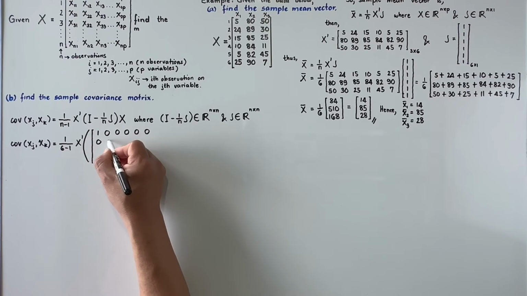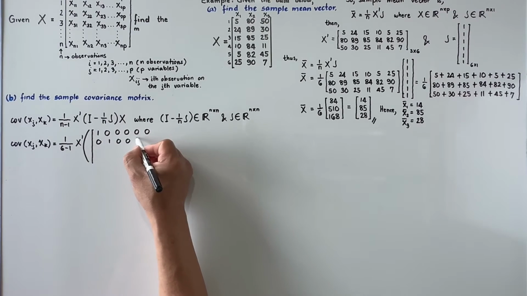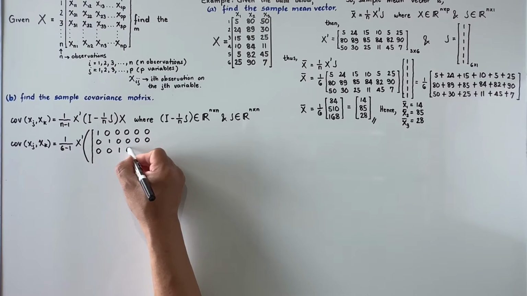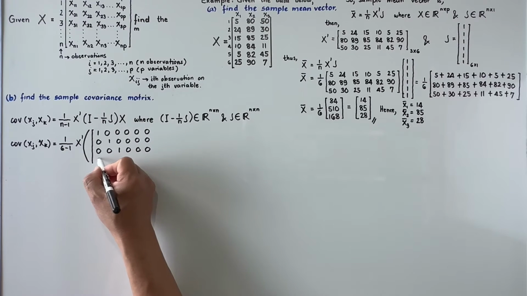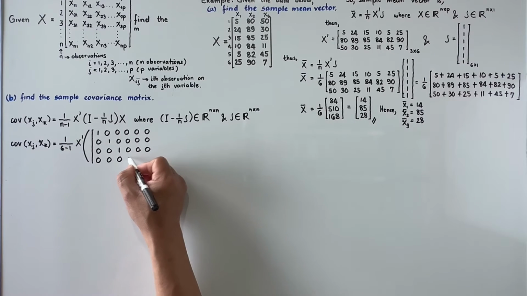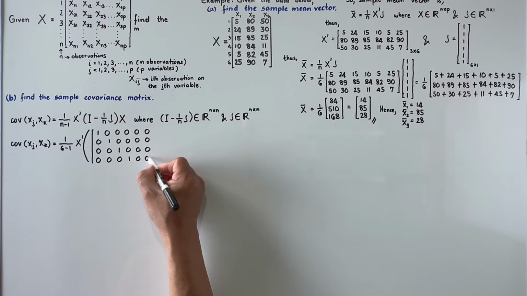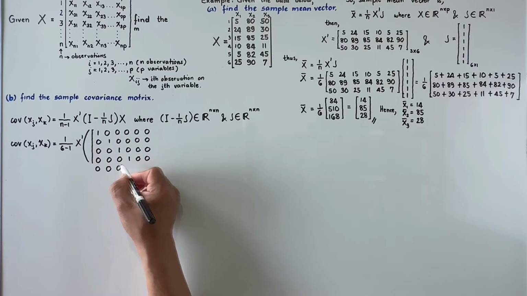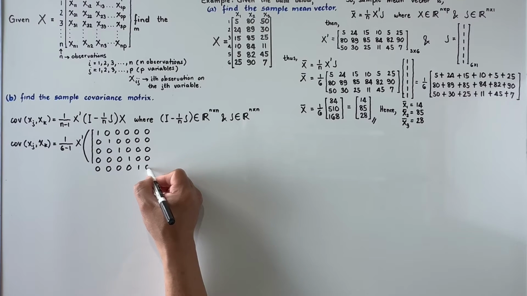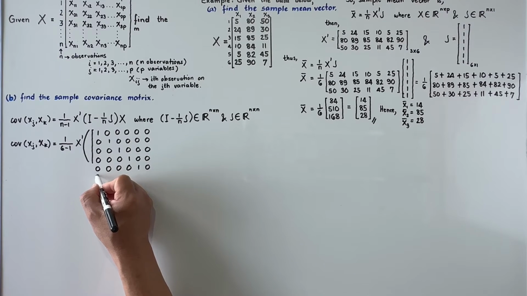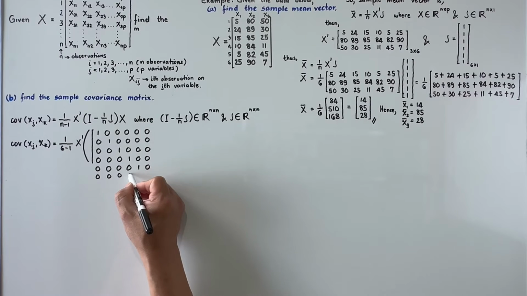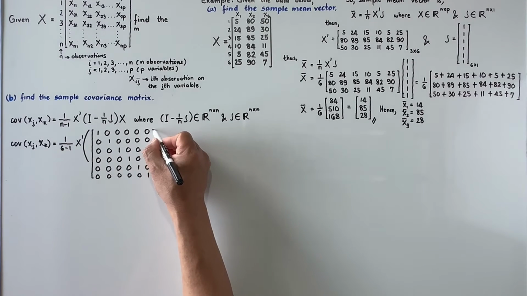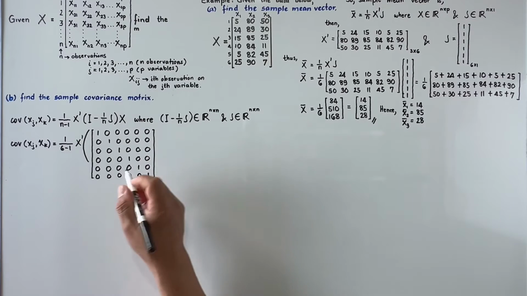So we have here 1, 0, 0, 0, 0, 0, and then 0, 1, 0, 0, 0, 0, and 0, 0, 1, 0, 0, 0, and 0, 0, 0, 1, 0, 0. And we have here 0, 0, 0, 0, 1, 0. And we have the last row of zeros except the last element here, which is 1. So this is our identity matrix I.